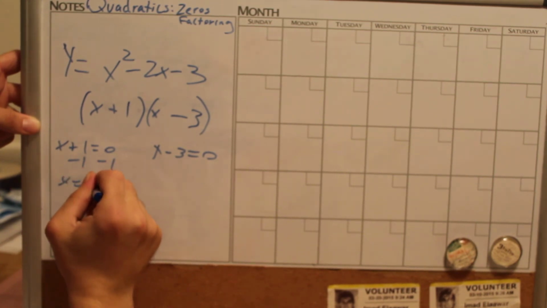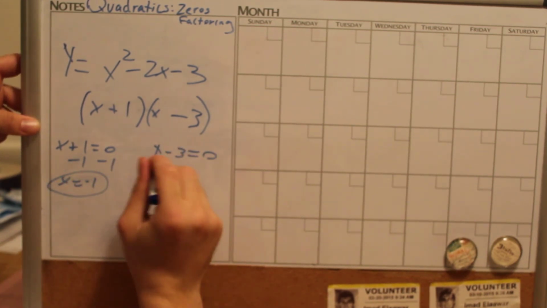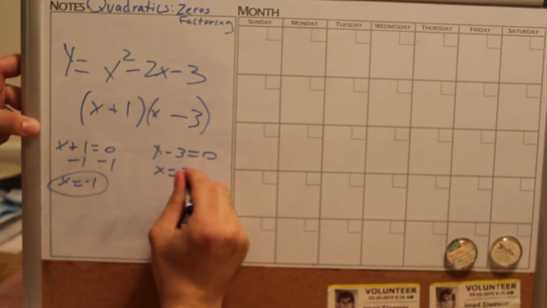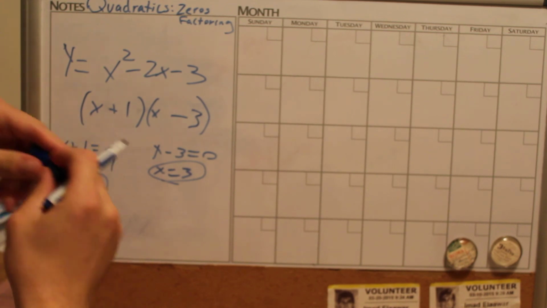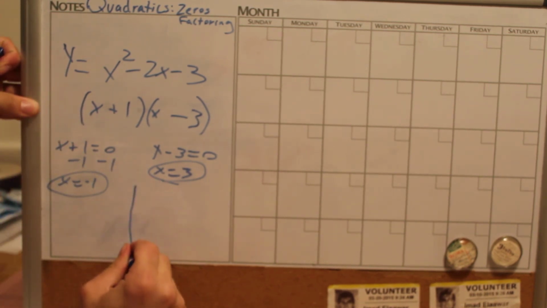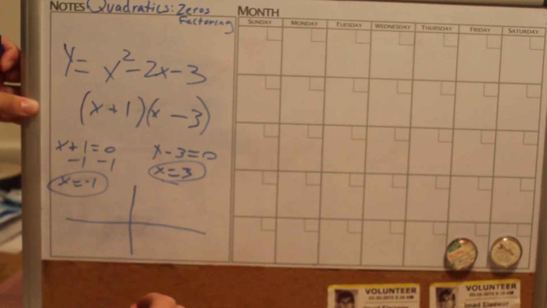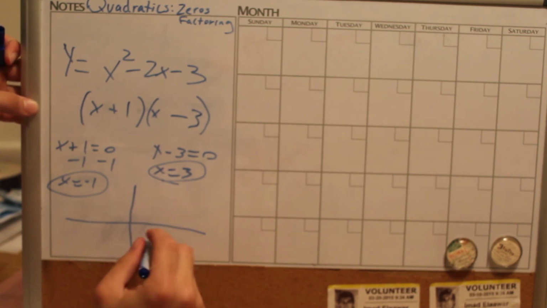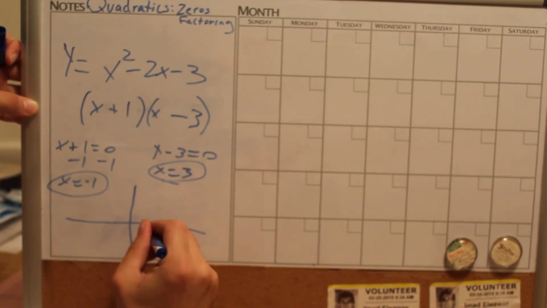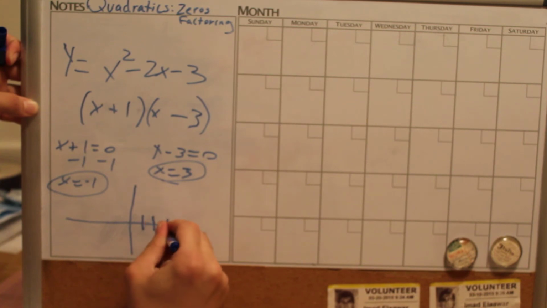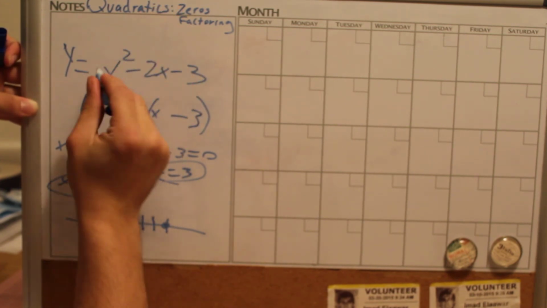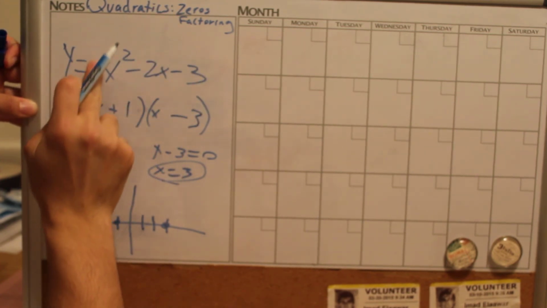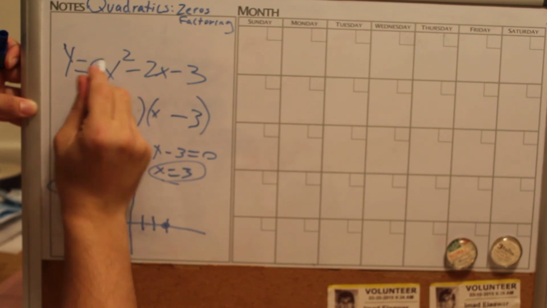And solve. And then this, of course, would be 3. I skipped a step, but you get the point. So, to graph this, what I would do is go 3, 1, 2, 3, right there, and then negative 1, right there. And look at the lead term. If there's no plus sign or minus sign, it's always going to be positive.